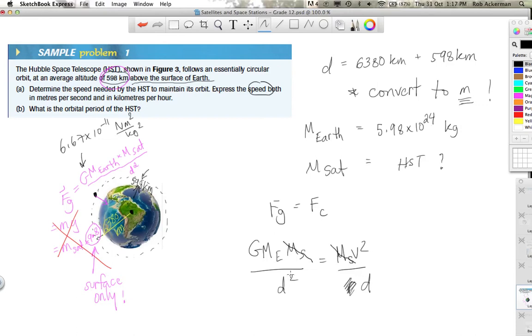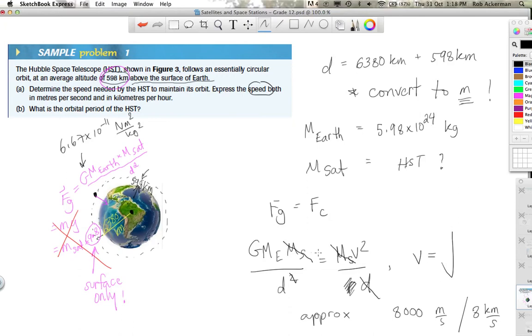Anyway, one of the d's here cancels with the d there. And at this point, you can come up with a formula. It's going to have a square root in it for the speed of Hubble as it orbits Earth. And I think you come out with a number of approximately, give or take, 8,000 meters per second, or if you prefer, 8 kilometers per second.